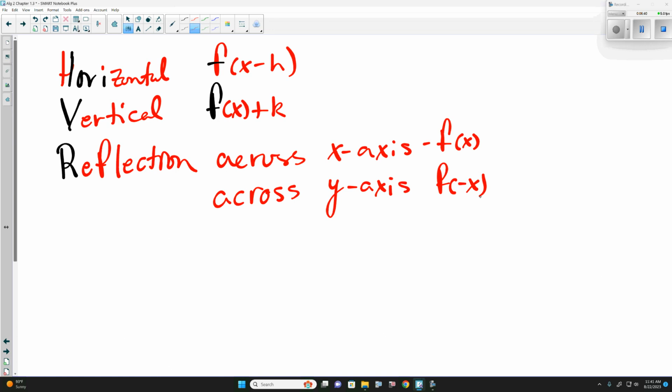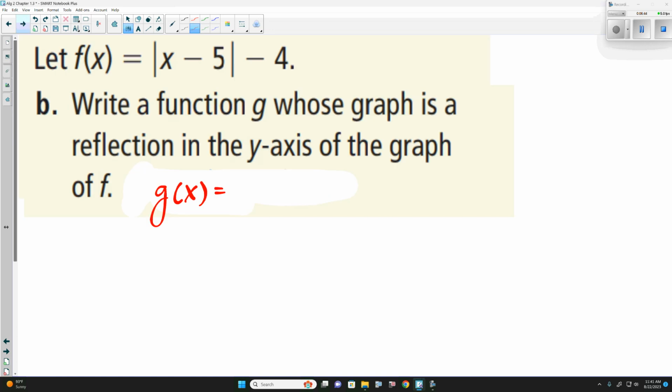Okay. Where we stopped off was this one here. Write a function g whose graph is a reflection across the y-axis of the graph of f. If we reflect across the y-axis, we use f of negative x.